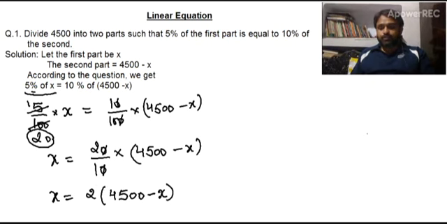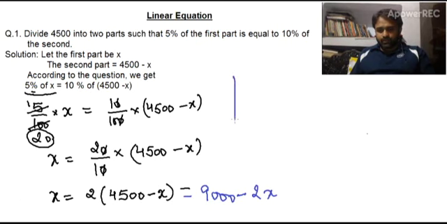When you open this bracket, what will happen? 2 times 4500 is simply 9000, right? So this is going to be x equal to 9000 minus 2x. Now look at it.